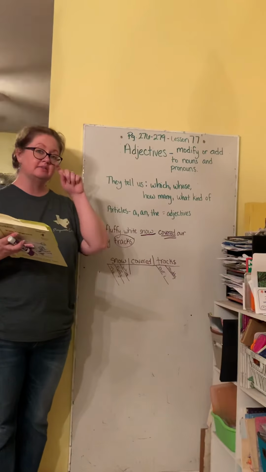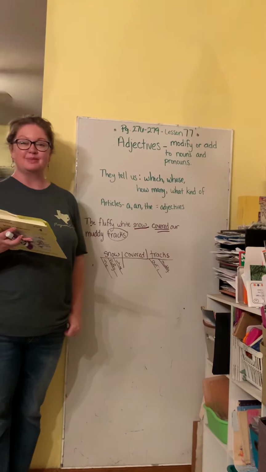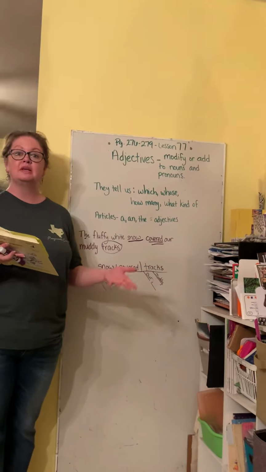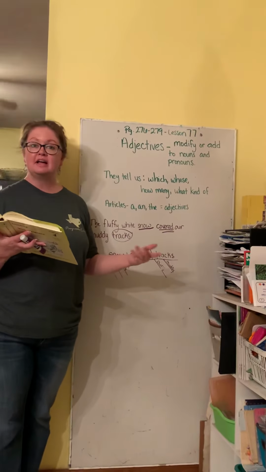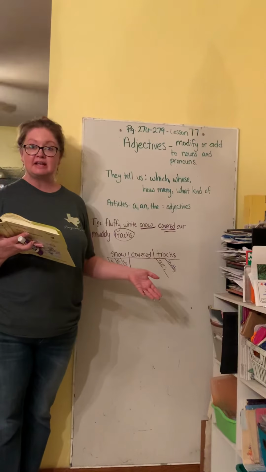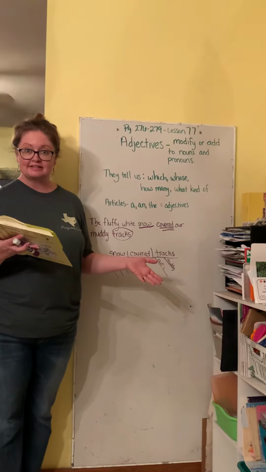Cat caught mouse. It's a sentence, but it's not a really great sentence. So how could we make it better? Well, we can make it better by adding adjectives. What kind of cat was it? Was it the mean cat? Was it the fat cat?